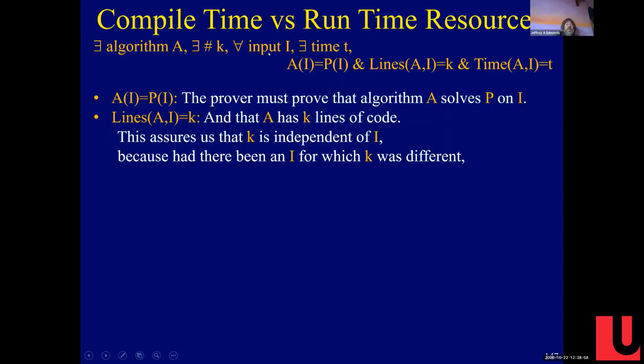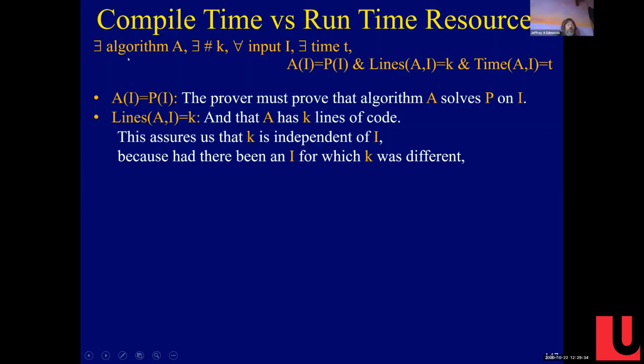So he fixes some K. And then the adversary gets to choose the input. And he will win if any of these things are wrong, right? He wins if the algorithm doesn't solve the problem, right? He also wins if the algorithm on that input has a different K, right? So if there was an input on which the K would be different, then he would give me that input, right?